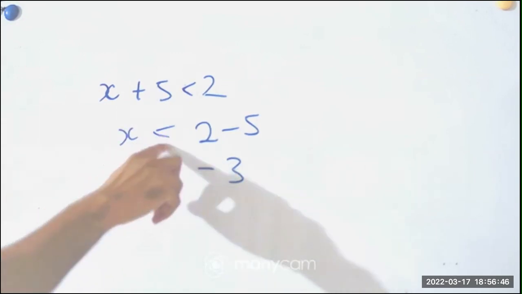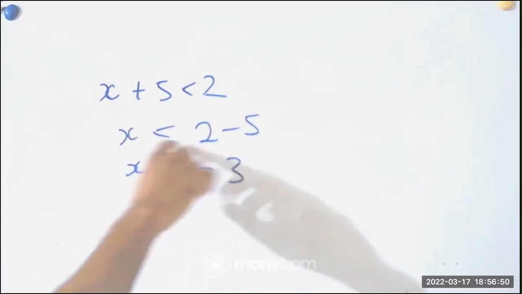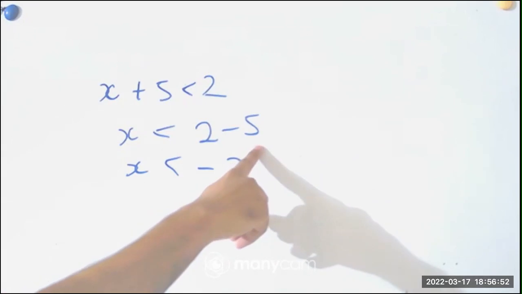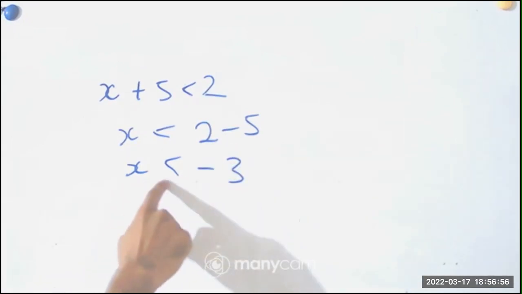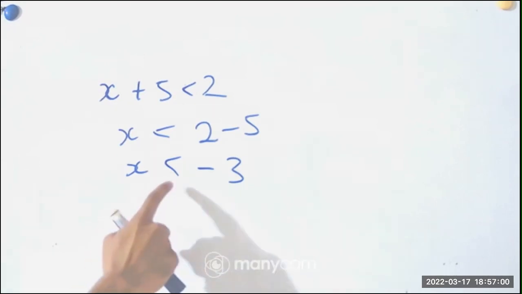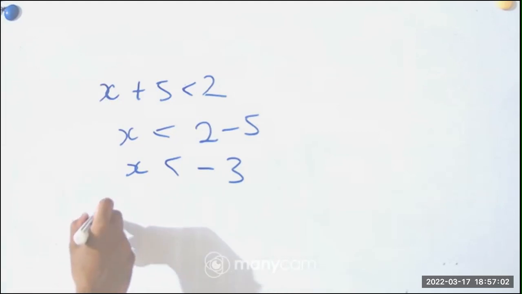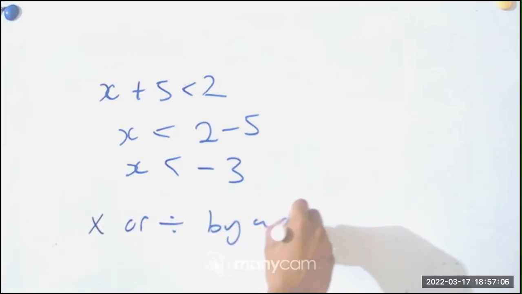So you would subtract 5 from both sides, or carry over the 5, as sometimes you hear said. This would give you x is less than minus 3. The only time the sign would change here is when you are multiplying or dividing by a negative number.